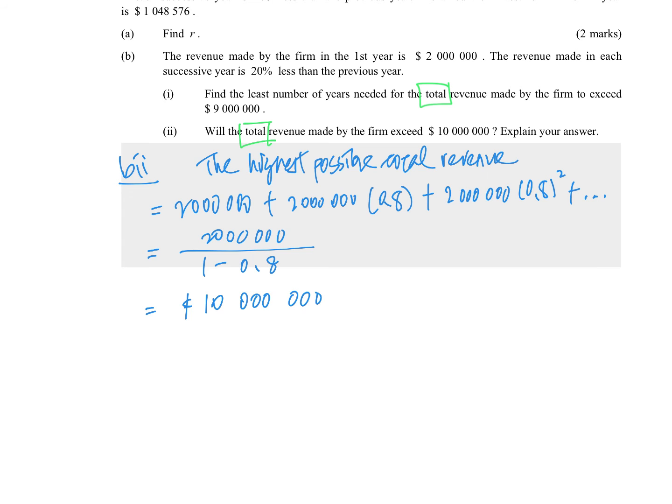So bear in mind, the sum to infinity is an upper limit which cannot be achieved in reality. So that's why you may conclude the total revenue will be less than 10 million.